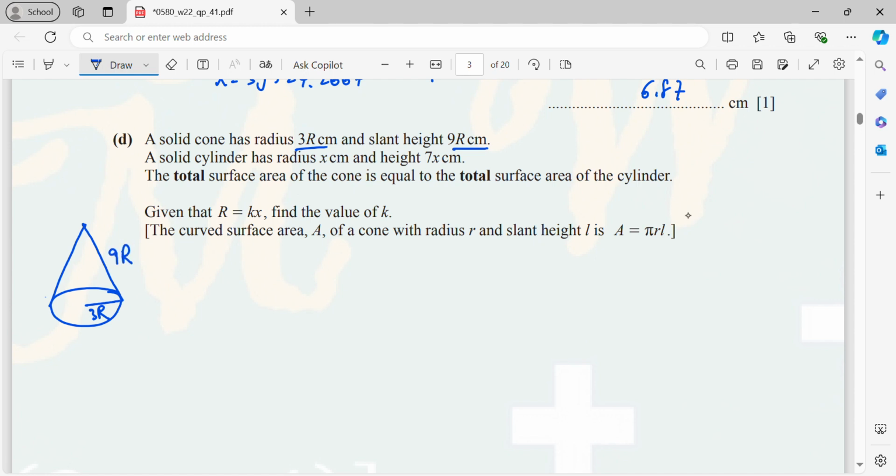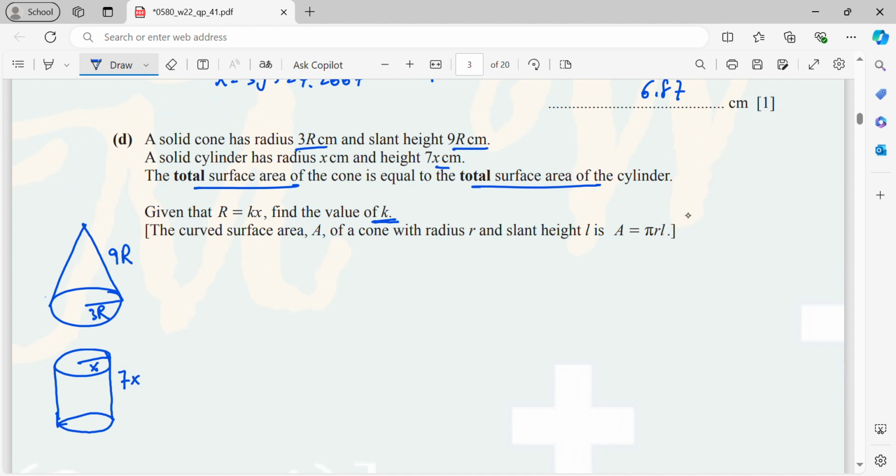Now a solid cylinder has radius x, so this is a cylinder, and height 7x centimeters. The total surface area of the cone is the same as the total surface area of the cylinder. Now given r equals kx, find the value of k.